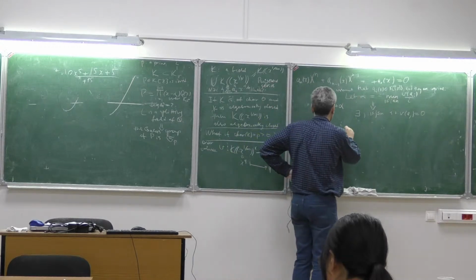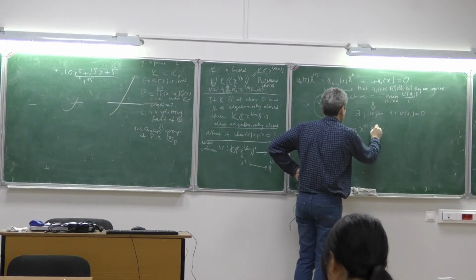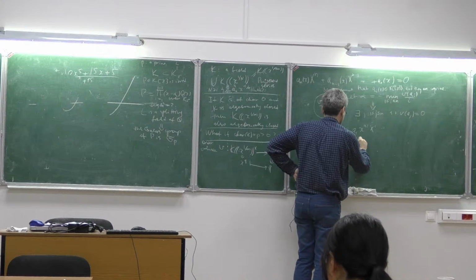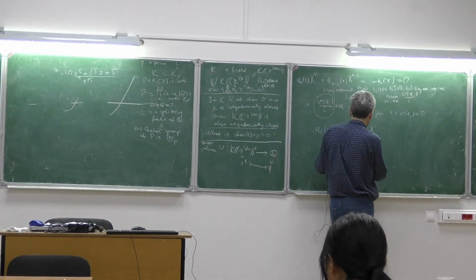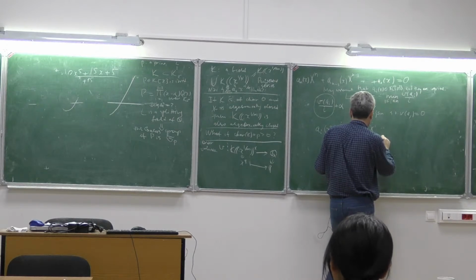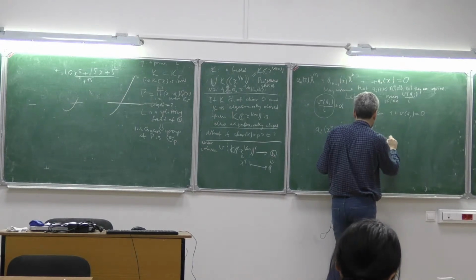So this is a_i x to the alpha i, and the valuation of this a_i x to the alpha i is i times alpha plus the valuation of a_i.